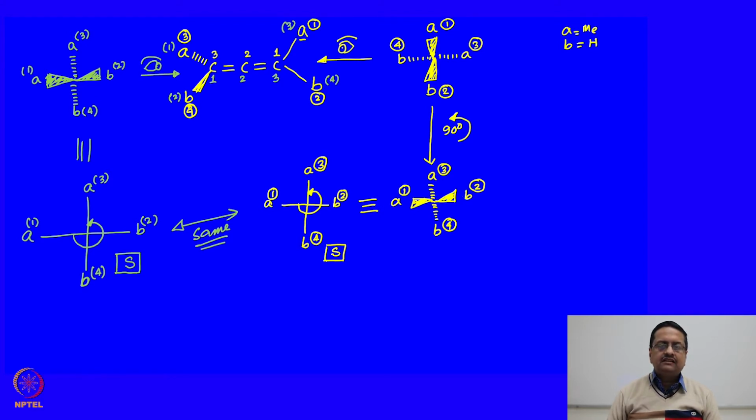So therefore I hope now you can appreciate that 1,3 disubstituted allenes exist as enantiomeric pairs and they have a chiral axis between them.